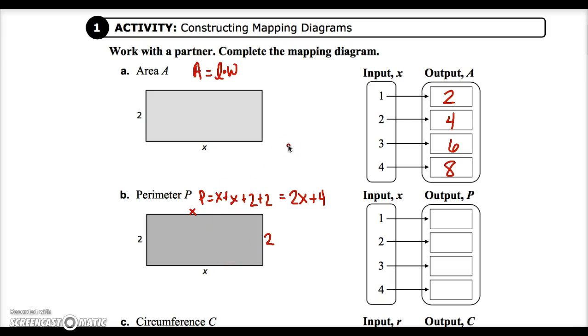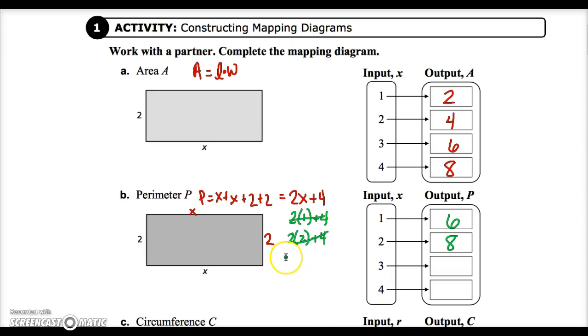So if I start plugging in these input values, or these x values over here, if I plug in 1, 2 times 1 plus 4, well, 2 plus 4 would give you 6. If I plug in the number 2, 2 times 2 is 4, plus 4 would be 8.